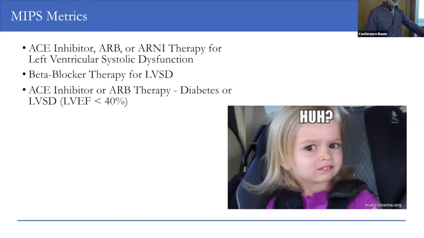They're going to look at ACE inhibitor, ARB, and ARNI therapy for left ventricular systolic dysfunction. And this is specifically for emergency medicine. So they're basically expecting us to prescribe outpatient medications for heart failure, which I thought was kind of strange.